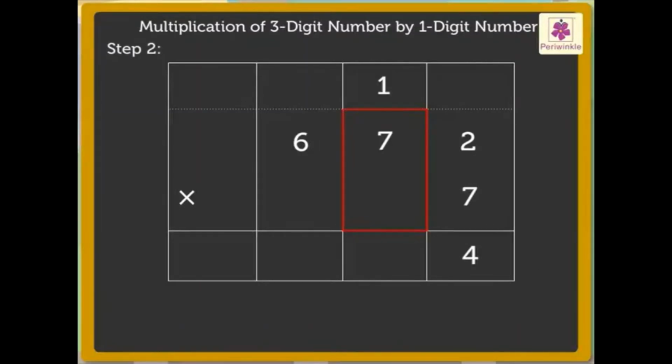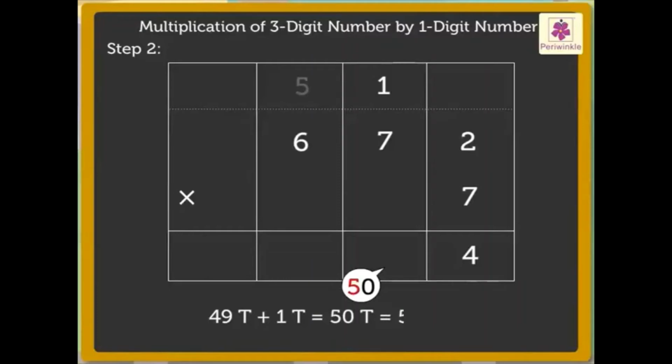Multiply the tens, that is 7 tens into 7 is equal to 49 tens. Now, to the 49 tens, add the 1 ten that you have carried over to get 50 tens, which is further regrouped as 5 hundreds and 0 tens.